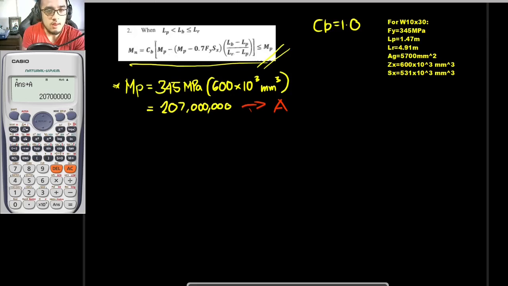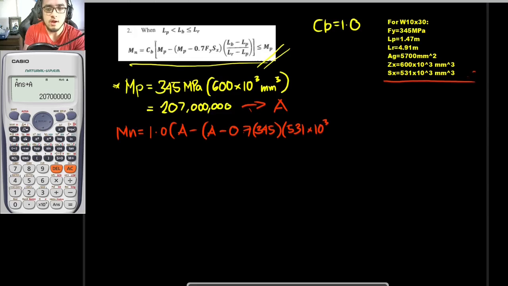So after that, direct substitution. For our Mn, it is equal to Cb, and our Cb is equal to 1.0, times Mp, and our Mp is equal to A, since I have already stored it. Minus 0.7 Fy, and our Fy is 345, times Sx, which is our elastic section modulus, 531 times 10 raised to 3.